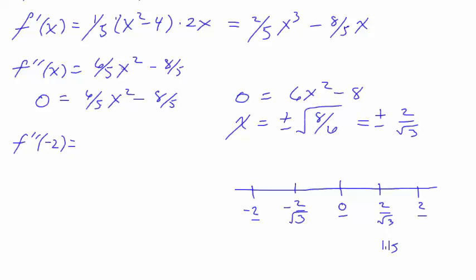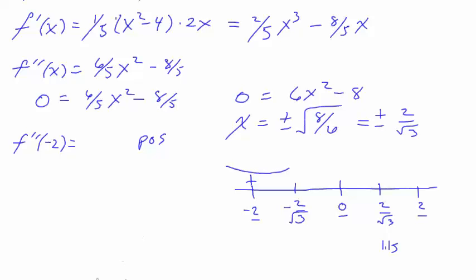That's the question. So we got 6 times 4 is 24 over 5, and is 24 over 5 bigger than 8 over 5? 5 goes into 24 more times, so that would be a positive number, right? So this is positive. Positive means it's concave up.